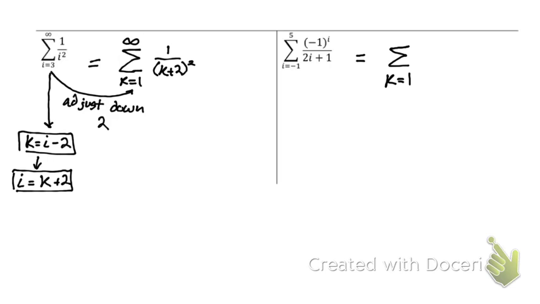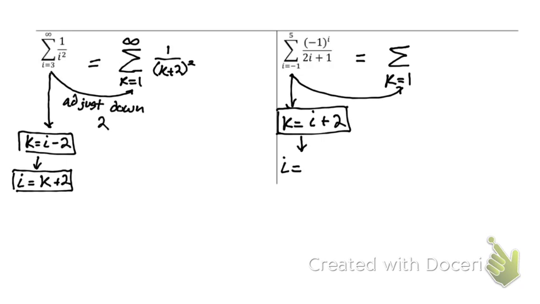But the actual algebra behind it is, well, to get from negative 1 to 1, I have k equals i plus 2. Well, that leads me to the fact that if I subtract 2 from both sides, I'm going to have i equals k minus 2.